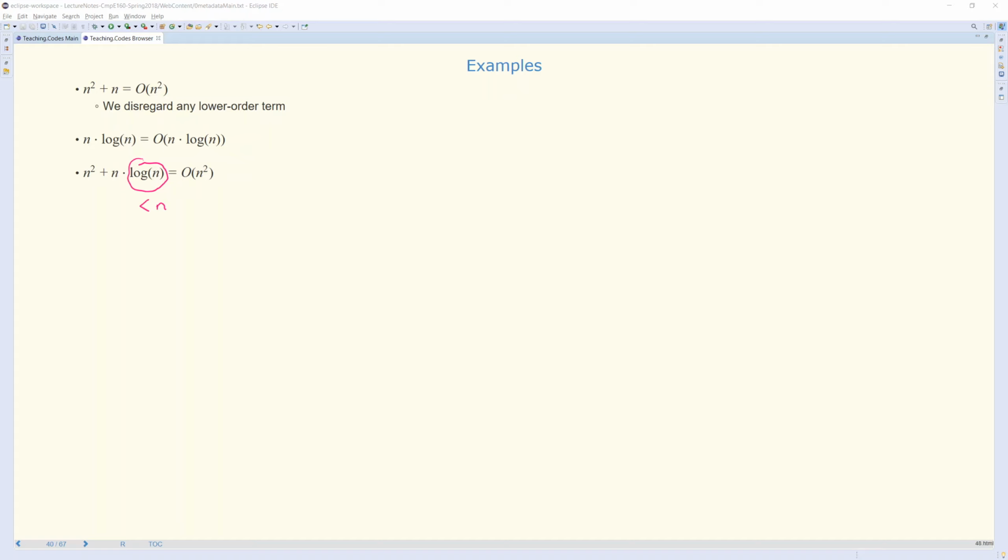Then n times something less than n would be less than n squared. Now on this side I have n squared, and here I have something less than n squared. So I can discard this term which is known to be less than n squared. The important thing for me would be n squared, therefore this has complexity O of n squared.